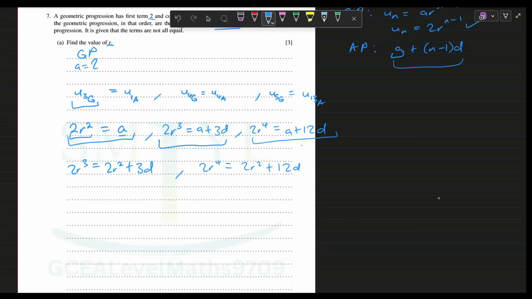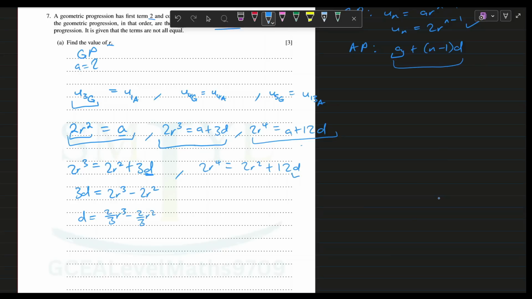And so since we want r, it means it's probably best for us to make d the subject of the formula so that we end up solving for r. So I'm going to say 3d is equal to 2r cubed minus 2r squared, and then we're going to divide through by 3. So d is equal to 2 over 3 r cubed minus 2 over 3 r squared.